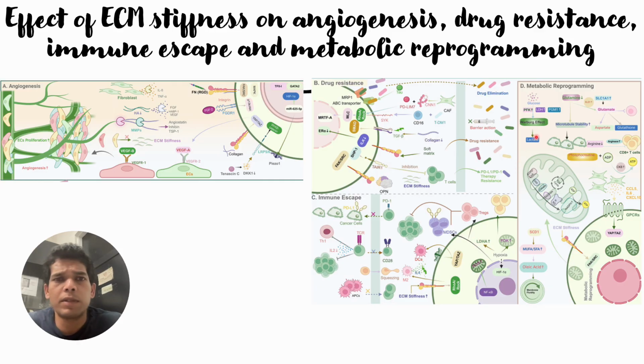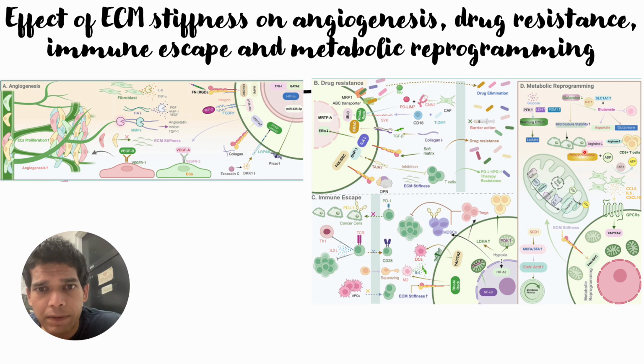And now it comes to metabolic reprogramming. The three pathways mentioned here are that ECM stiffness regulates the glycolysis pathway, lipid metabolism pathway, and also amino acid metabolism pathways. These regulations occur in a way that helps tumor progression.